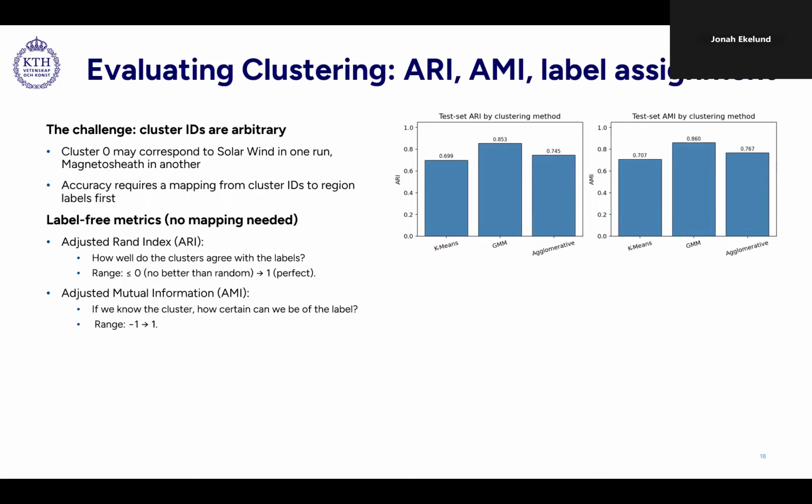It's quite high values, quite close to 1, especially for the GMM, and our two indexes agree quite well with each other. I would expect so, because we have clustered with 4 clusters, which is the same number of labels we are comparing with. So I would be surprised if these two didn't agree quite well.